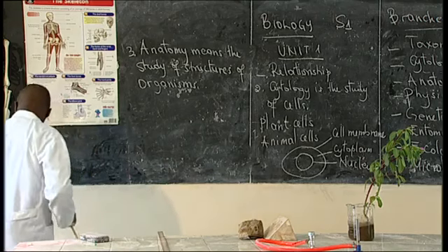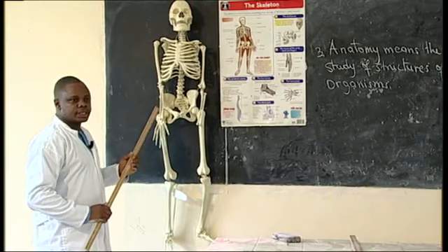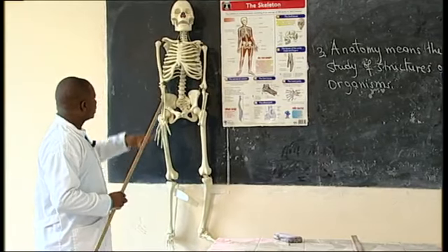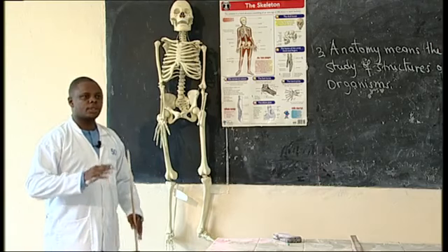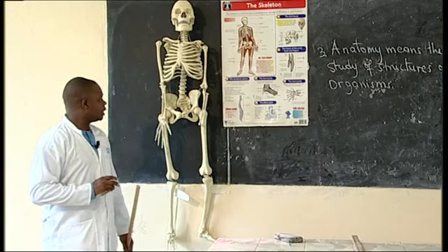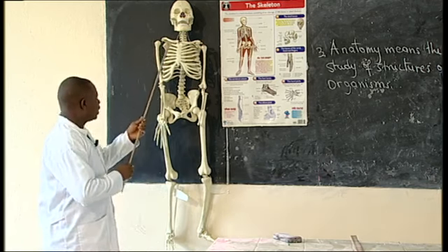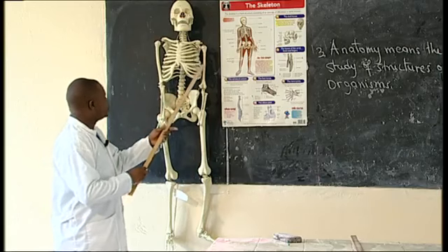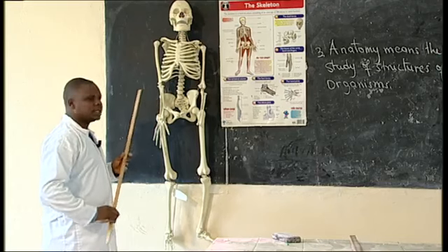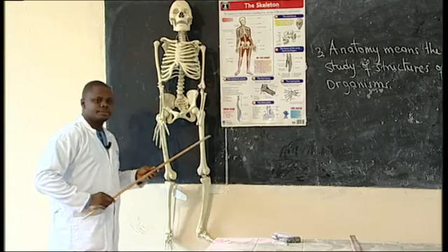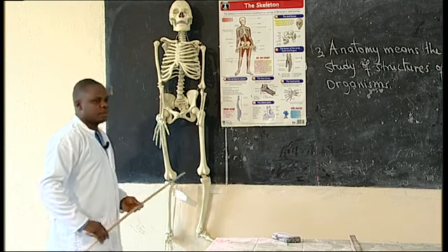Example, as you see here, we have the skeletal system. This one shows us different bones that make the human skeleton. When you check, we can have like the skull, we can have ribs, we can have the humerus, we have radius and ulna, we have femur, we have tibia, and then behind we have fibula.